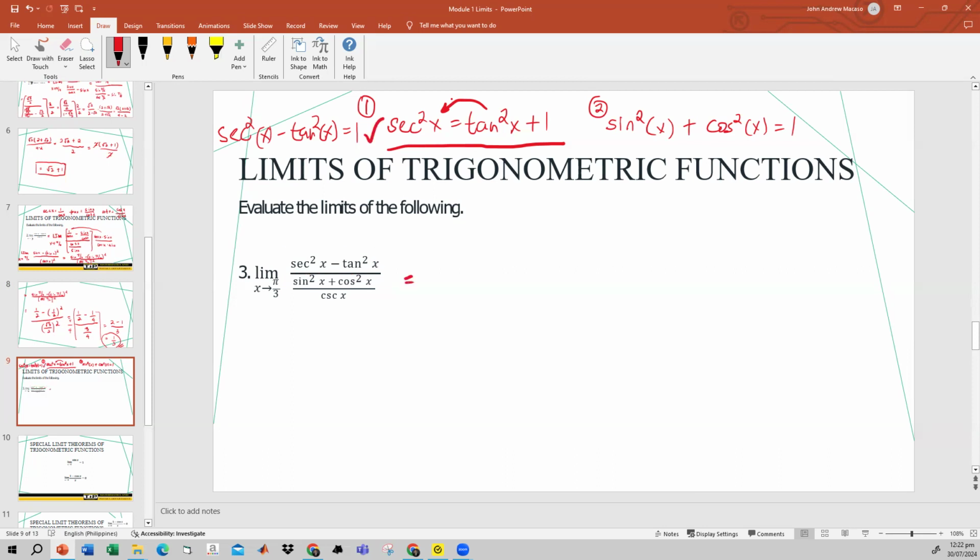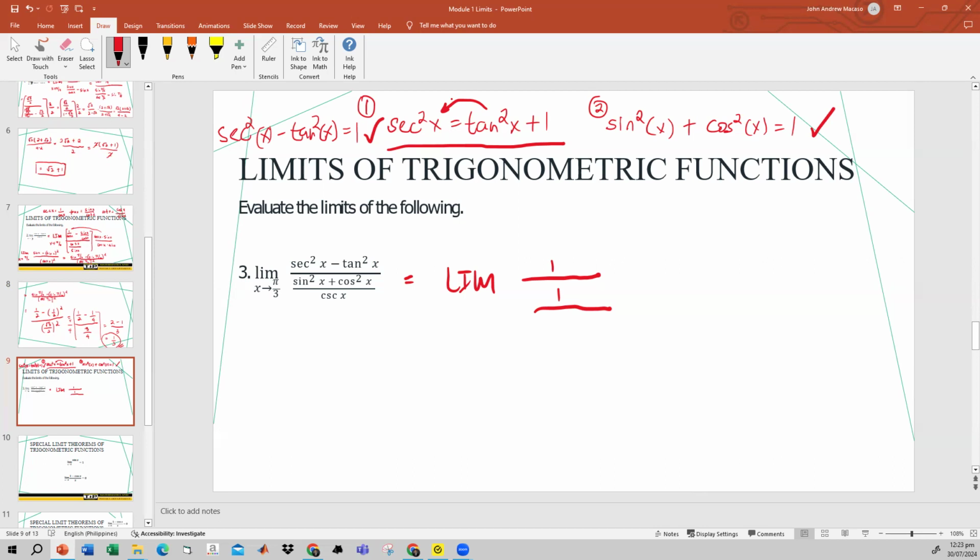So in that case, if you apply the trigonometric identities, that's equal to 1 over what? Sine squared x plus cosine squared x is equal as well to 1. So that's 1 over 1 over what is cosecant x?